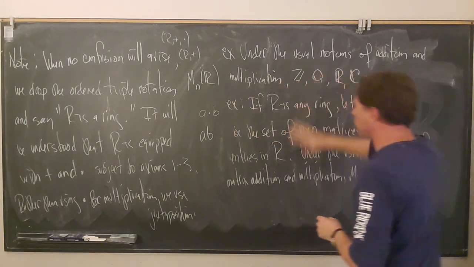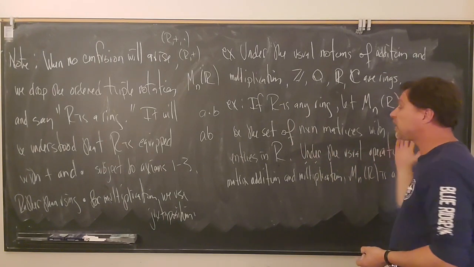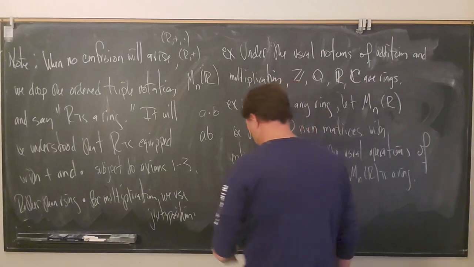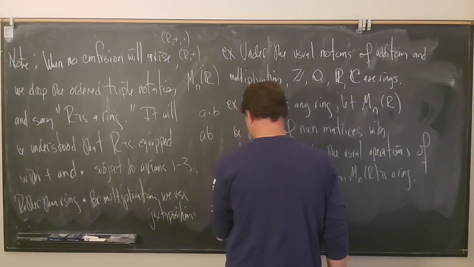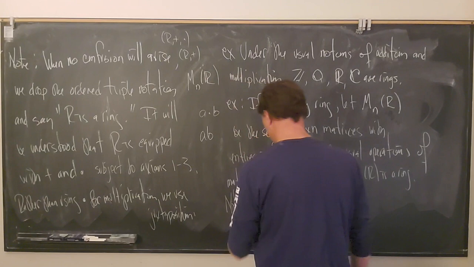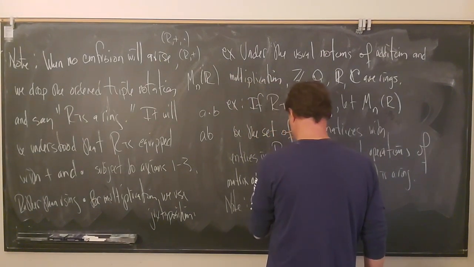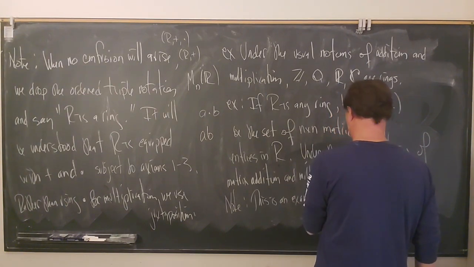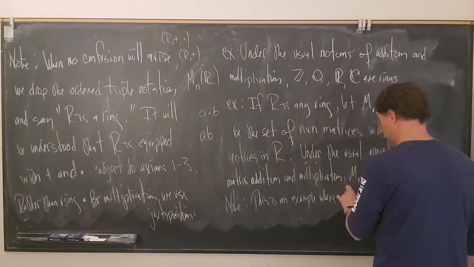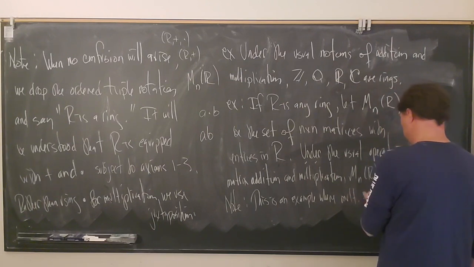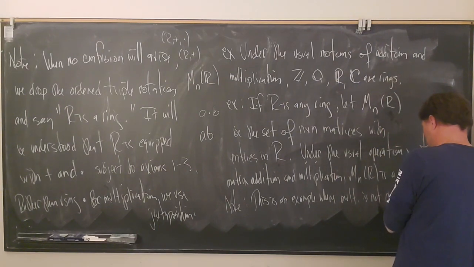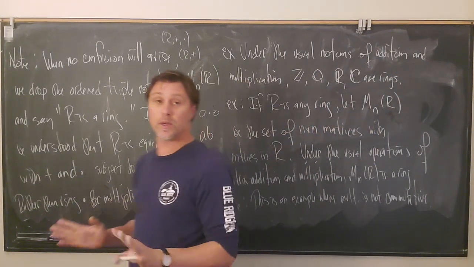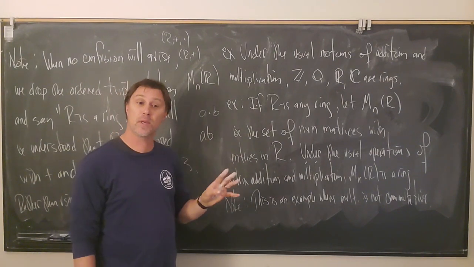Here is an example where multiplication is not commutative. Note: addition will always be commutative when we're working with rings. Multiplication, maybe, maybe not.